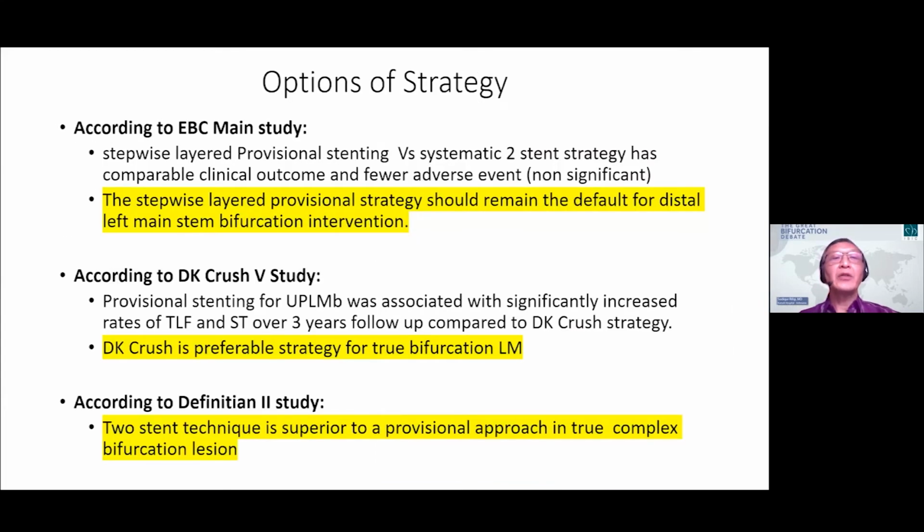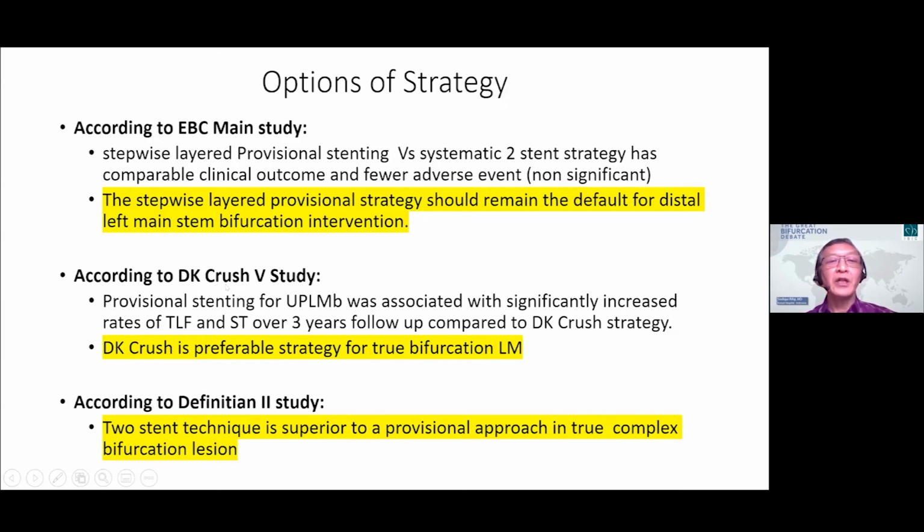And according to the EBC MAIN study, the simple provisional strategy should remain the default for distal left main stem bifurcation, because the results of both strategies are comparable and there are even fewer adverse events with provisional stenting.